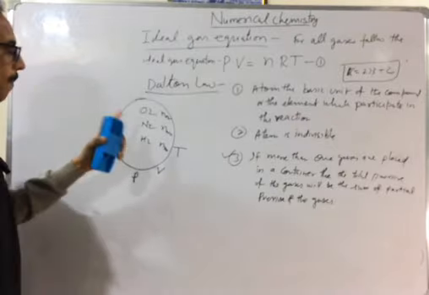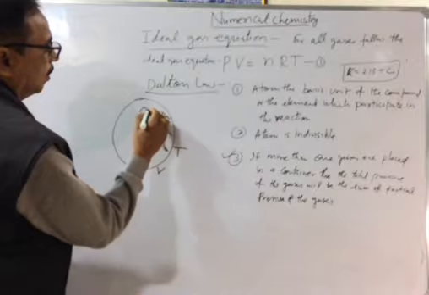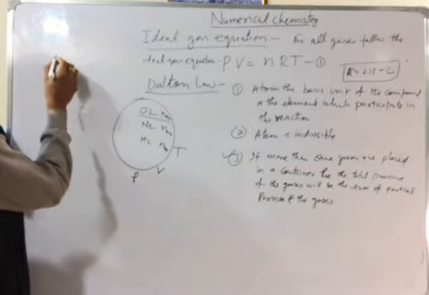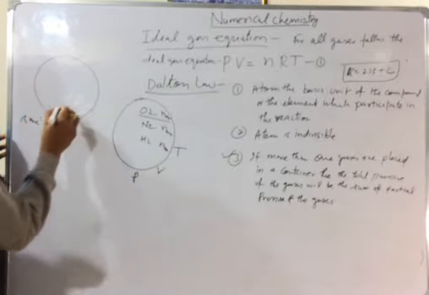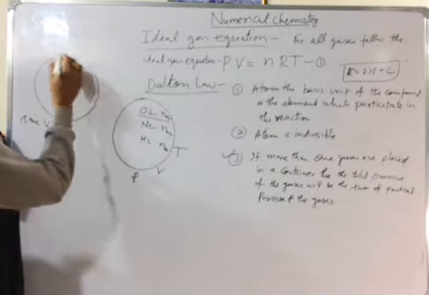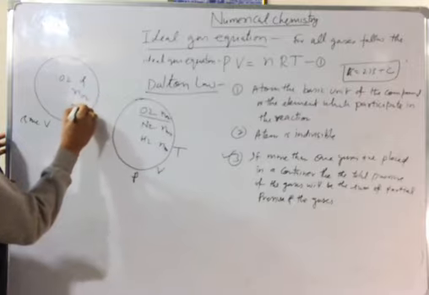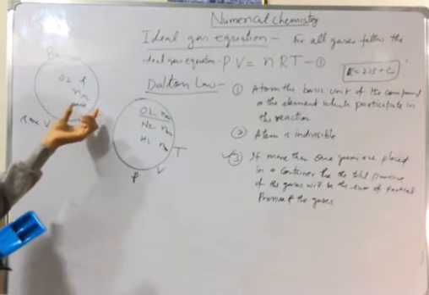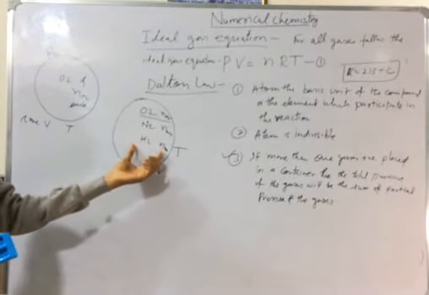So if one gas, oxygen gas, alone is put in the same vessel of same volume and temperature, NO2 mole, the pressure is called PO2, that is pressure exerted by the oxygen only.